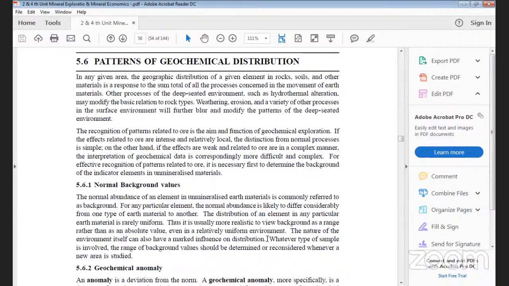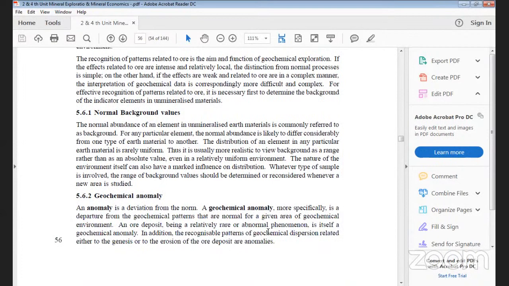As per that, we will do the sampling. The sampling media may be a rock, a soil, water, or a stream sediment sample, whatever it is. First, we have to collect samples from different locations in the chosen area.